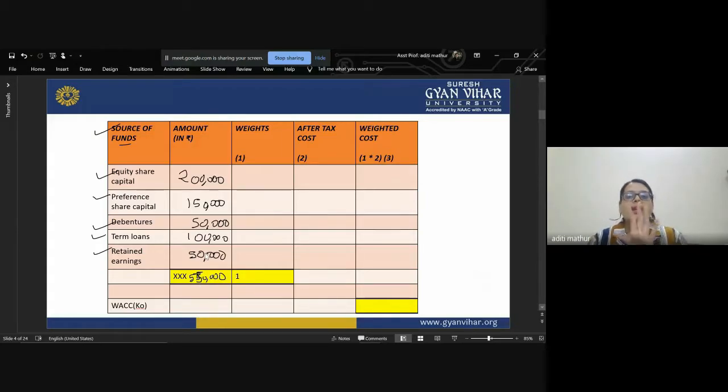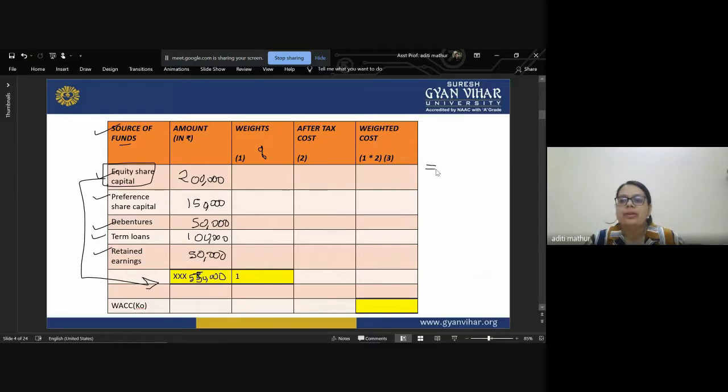Now let us just calculate the weights. When I say that we have to calculate weight, that means we have to find out the ratio or the proportion of the particular security in the overall capital of the company. That means you are going to divide the particular security's amount with the total capital amount and get the weight. So let us just first solve the weight of equity share.